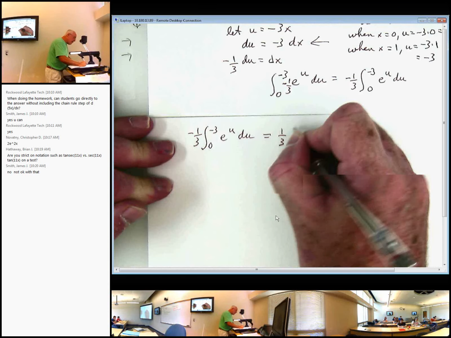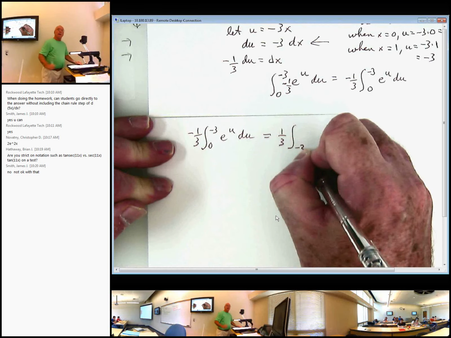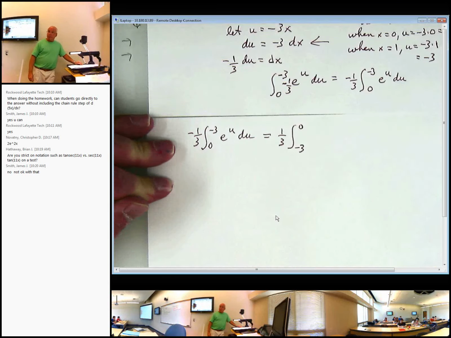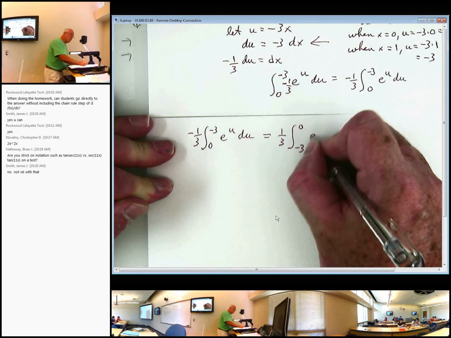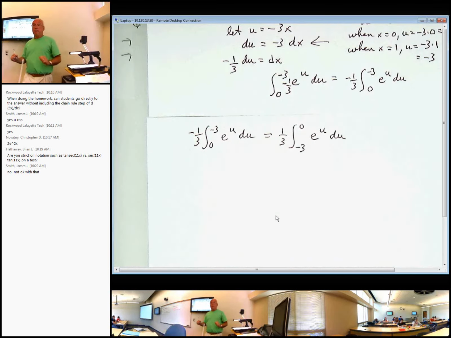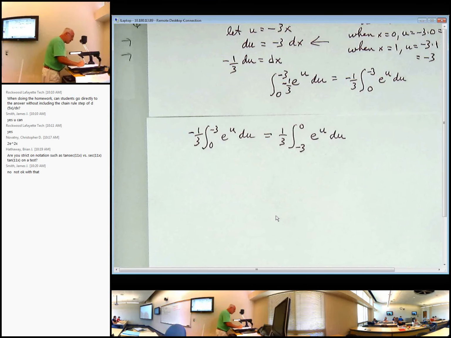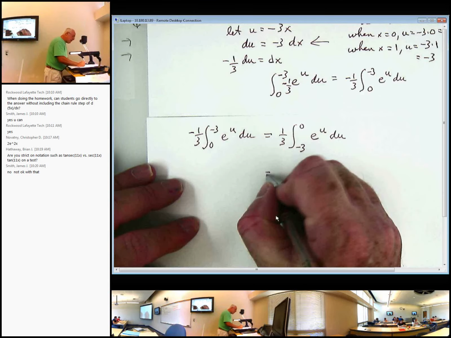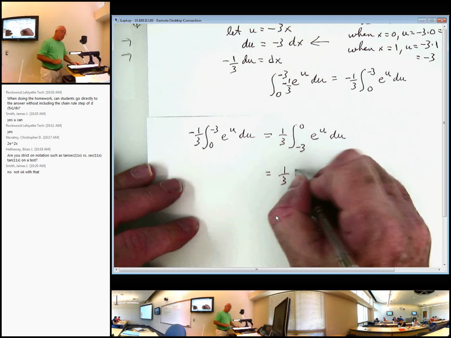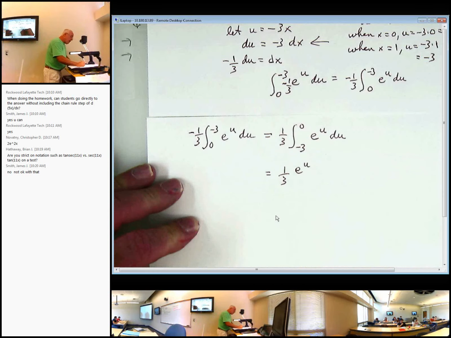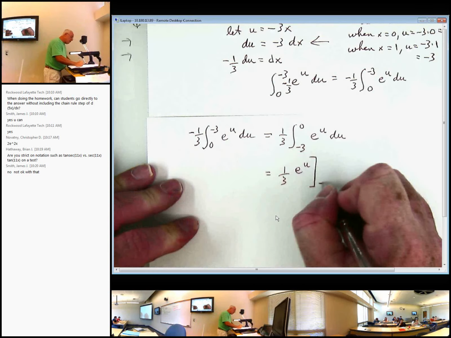Now this time I put the -3 on the bottom, the 0 on top, of e to the u du. Okay. Right? Okay. Now let's evaluate this. This is 1/3. The antiderivative of e to the u is e to the u. Put our brackets. We go from -3 to 0.